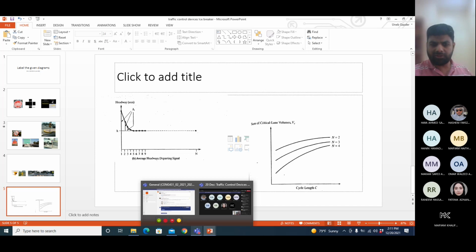What do you know about the graph on the right hand side? What is N? What is VC? And how did I get this graph?